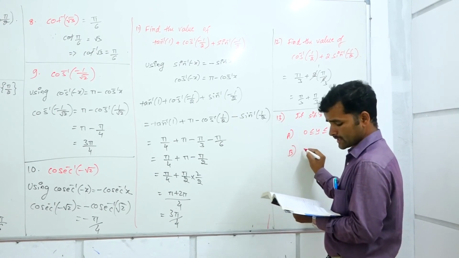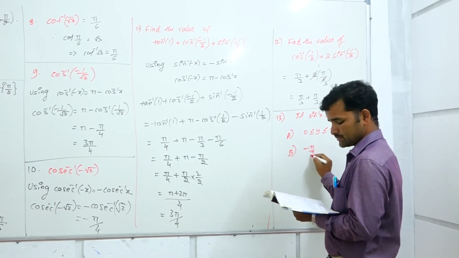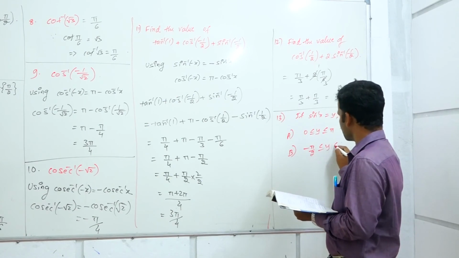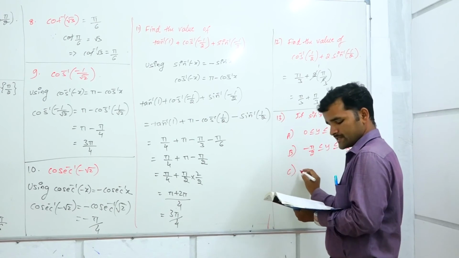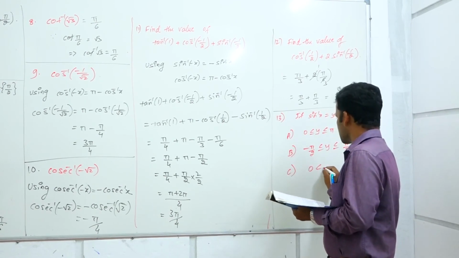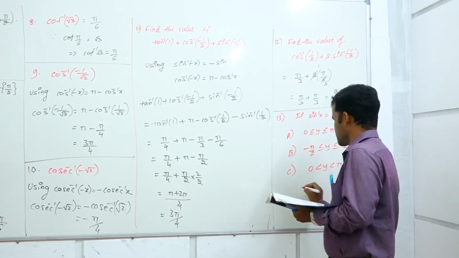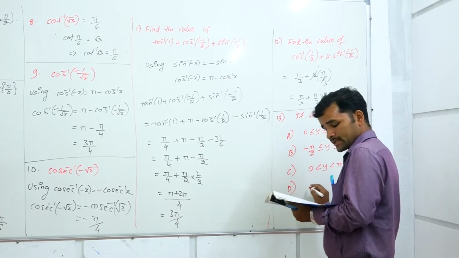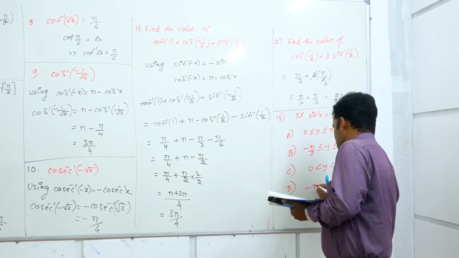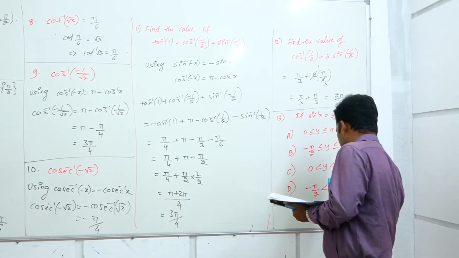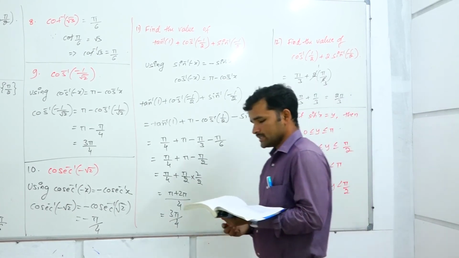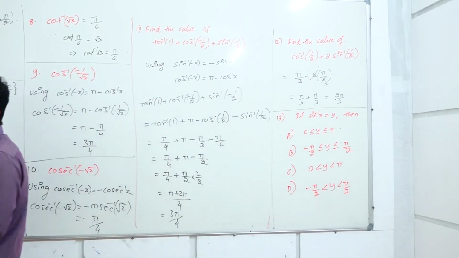Option B, minus pi by 2 less than or equal to y less than or equal to pi by 2. Option C, 0 less than y less than pi. Option D, minus pi by 2 less than y less than pi by 2. These are the four options given here.